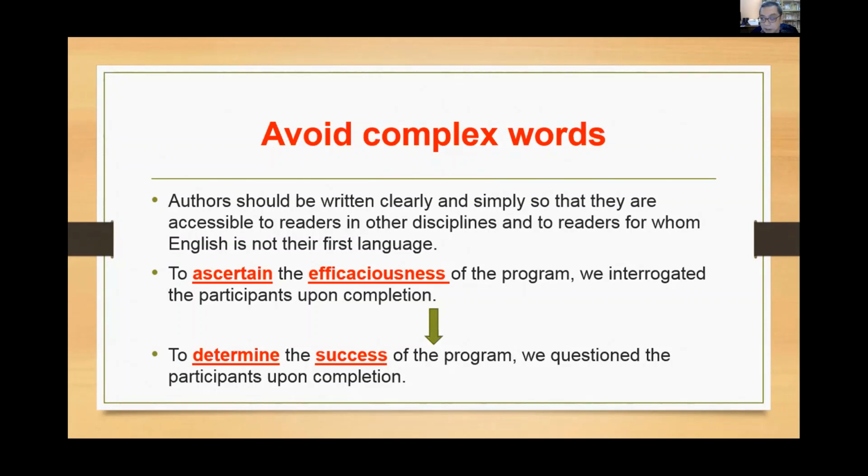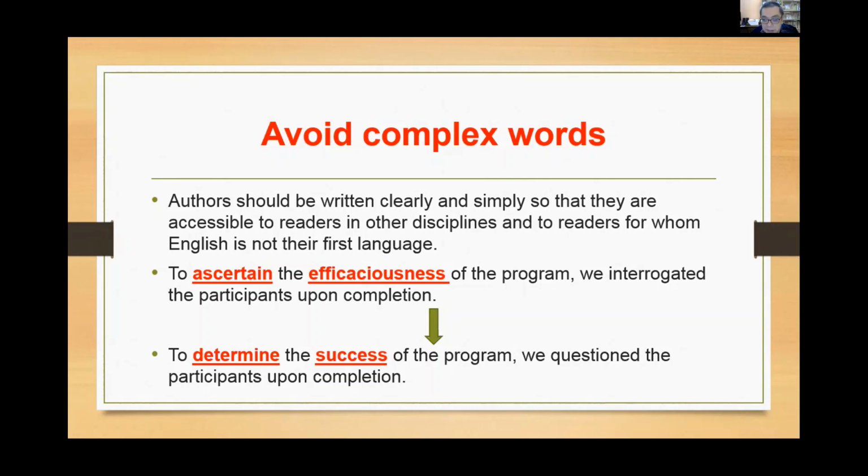It should be written very clearly and simply for readers from other disciplines, and readers for whom English is not their first language. You have to expect that a lot of readers might not have English as their first language, so they might find difficulty when you use very complex or bombastic words.